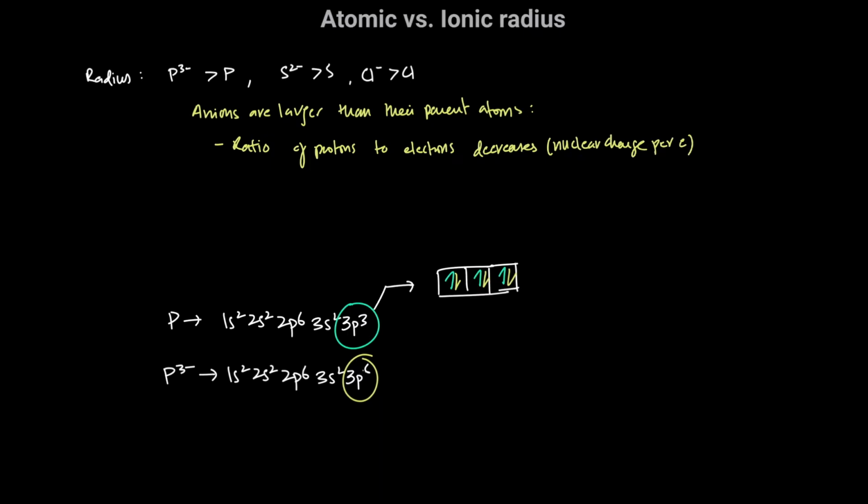And the second thing that happens is that in the anion, electrons go from being unpaired to paired electrons, hence there is an increase in spin pair repulsion.